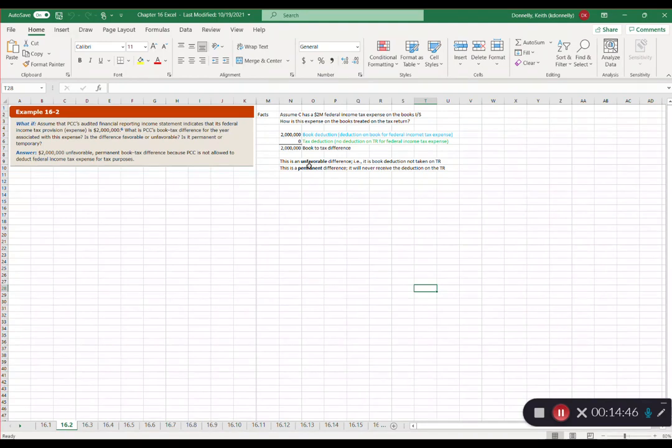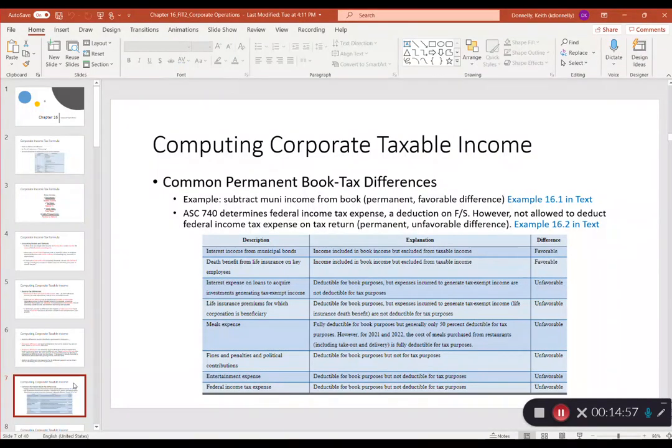this is just saying that, hey, on your tax return, you don't get a deduction for federal income tax expense. So on your books, you do. On your tax return, you don't. You can read through these, right? The main ones, like here's one: fines, fees, and penalties. You may get it on book, but you don't get it for tax. Federal income tax, you get it on book, but you don't get it on tax.